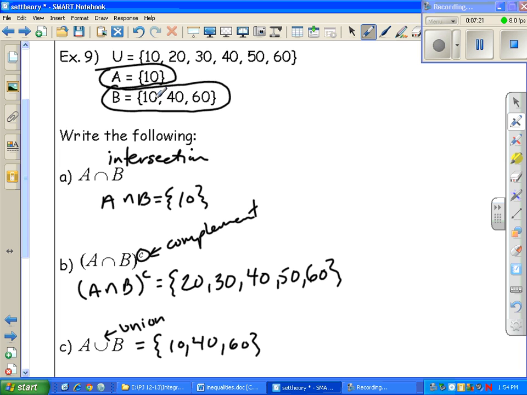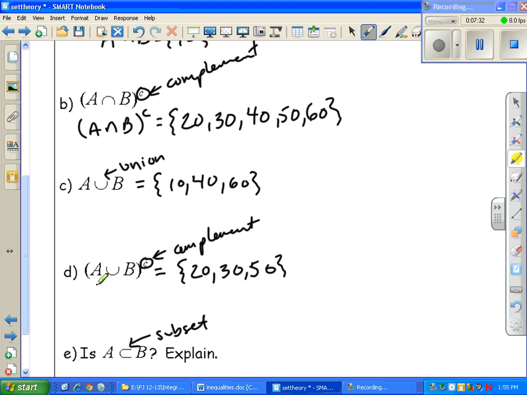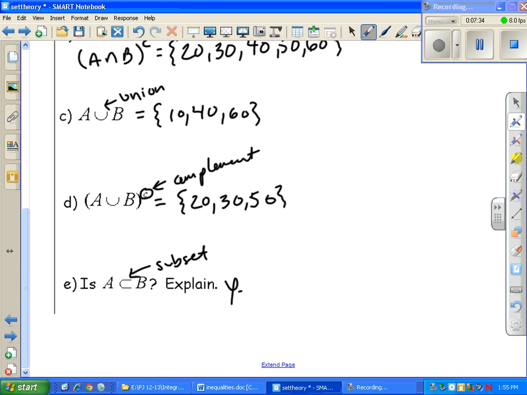So yes, since 10 is an element of B, and A only has 10 as its only element, the answer to this is A is indeed a smaller group of set B. Yes, since 10 is an element of set B.